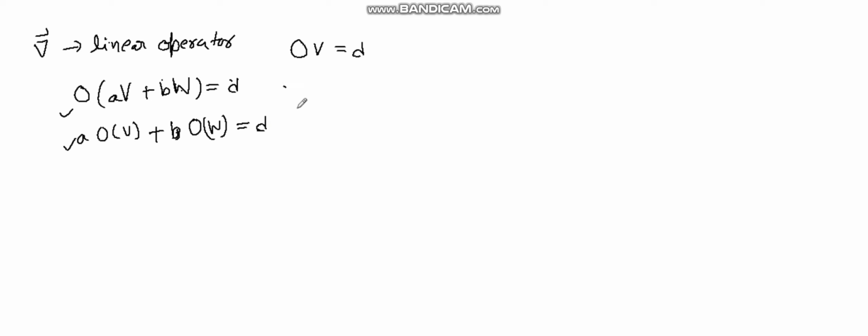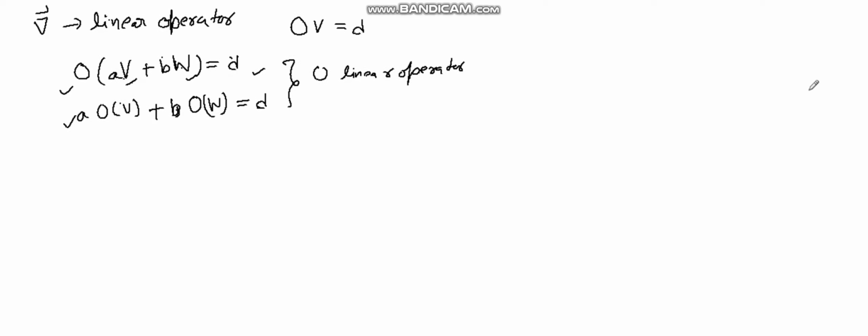If this is the case, then we can say that this O is a linear operator. So instead of scaling and summing and then operating, or operating on the individual functions and then scaling and summing, if in both cases the result is the same, then only can we say the operator itself is a linear operator.